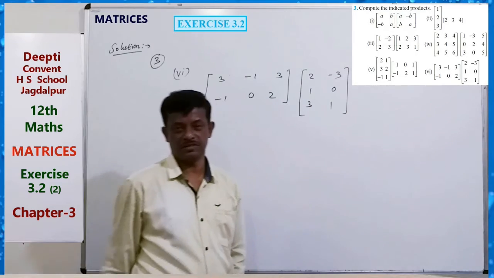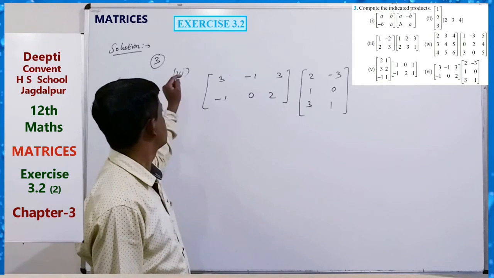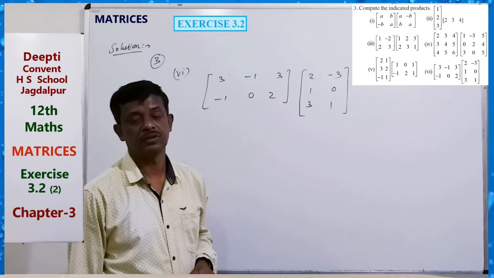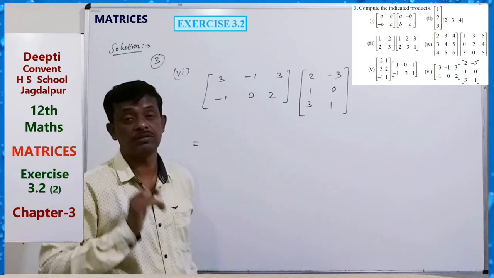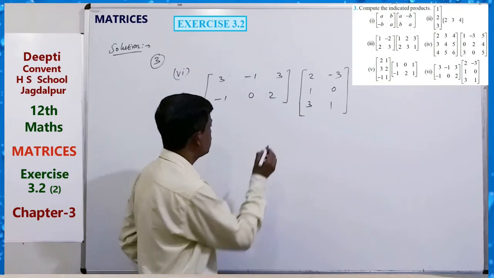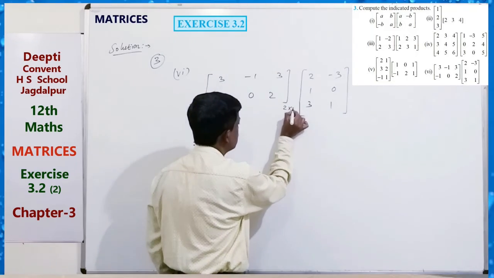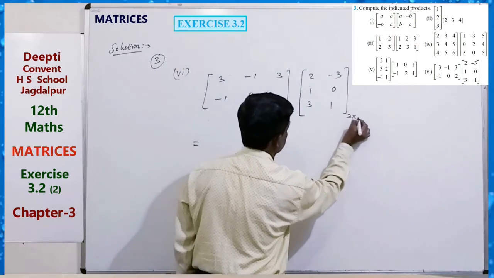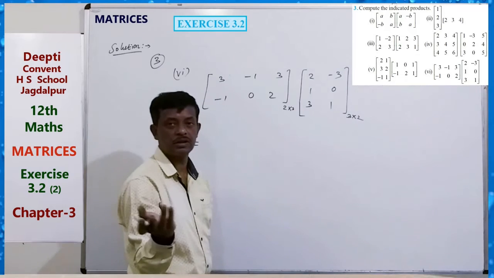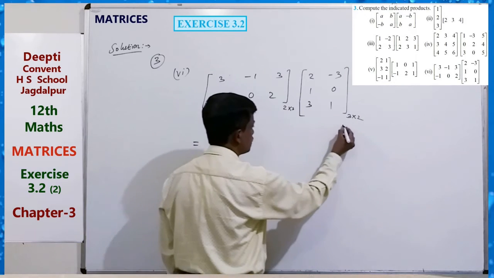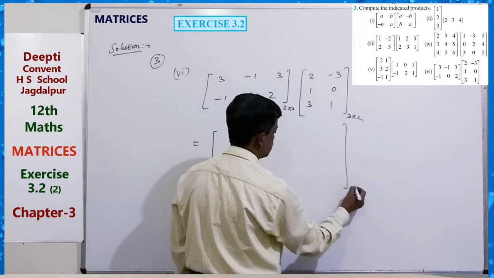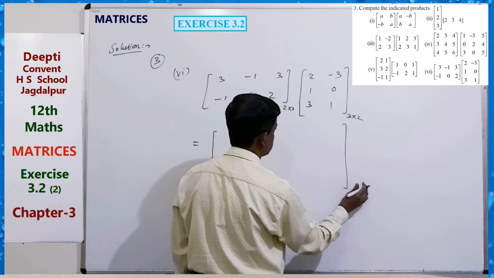This multiplication is given in the sixth part of the third question. How can we do it? Just see here, this is 2 by 3, and this is 3 by 2. So 3 is omitted, and we will get a 2 by 2 matrix.